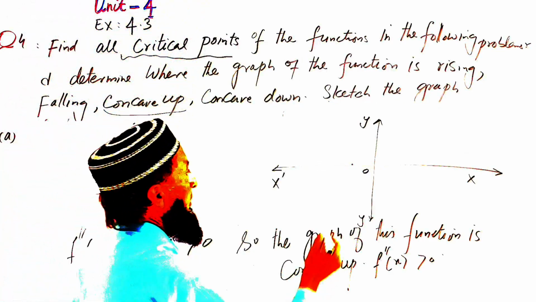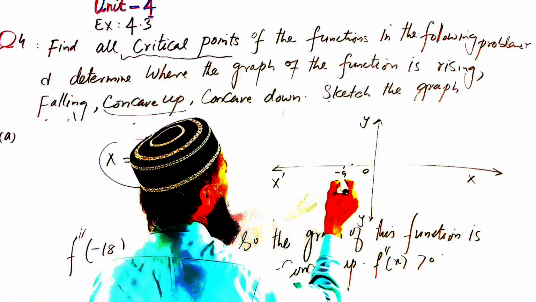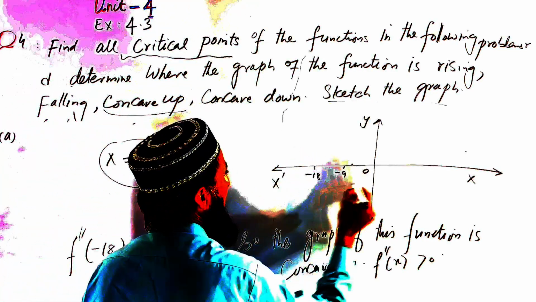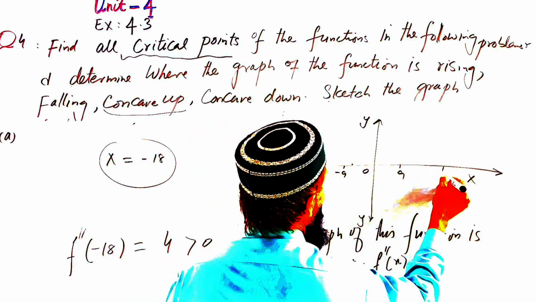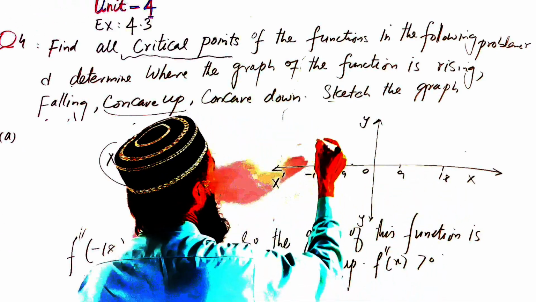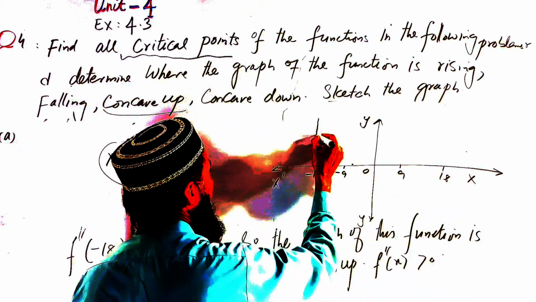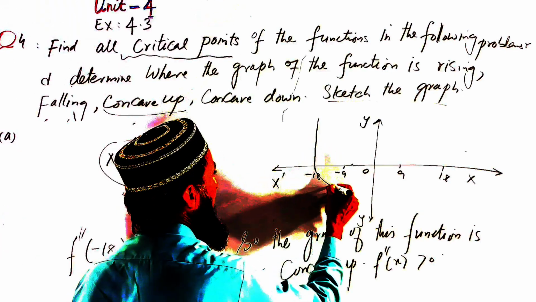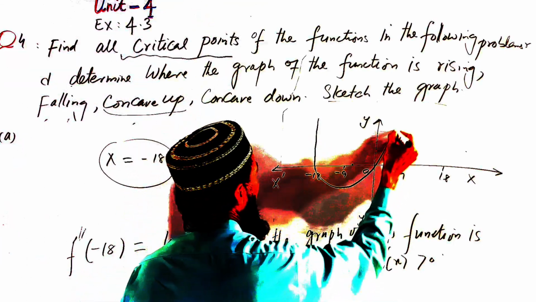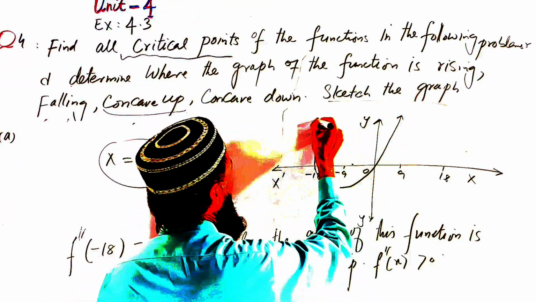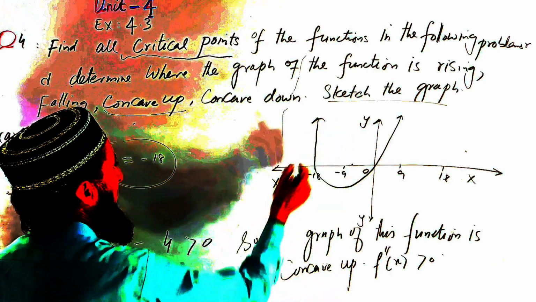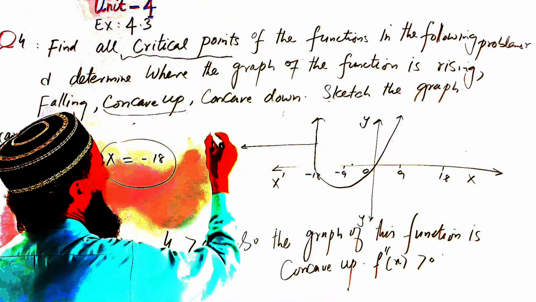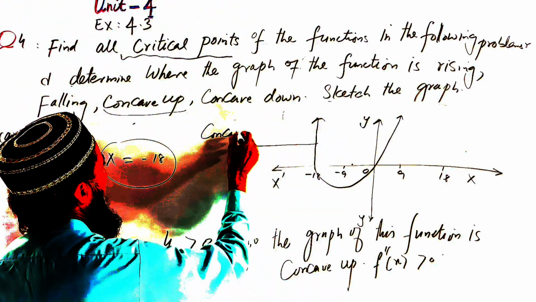So that is minus 9, that is minus 18, and here is 9 and plus 18. Now the graph is increasing and concave upward in this position, concave up.